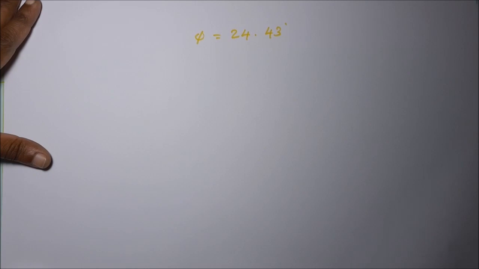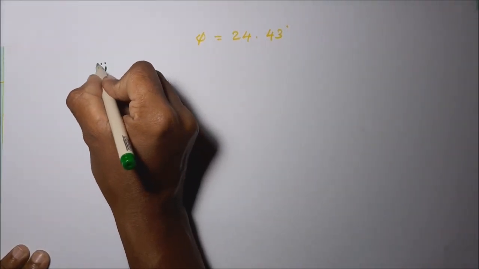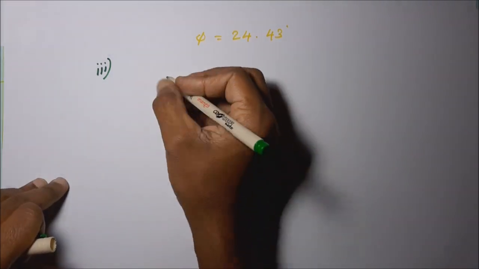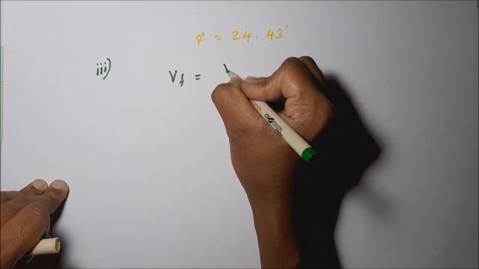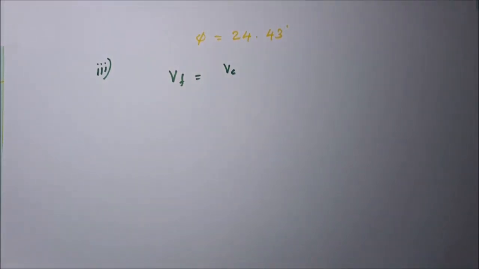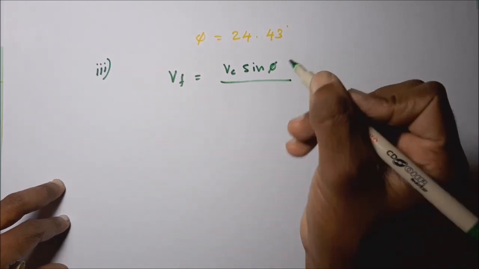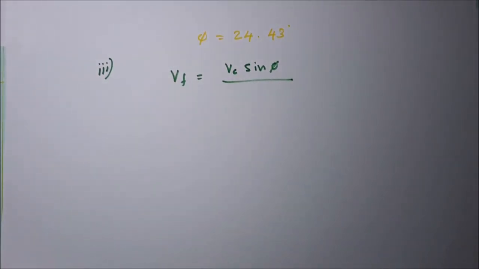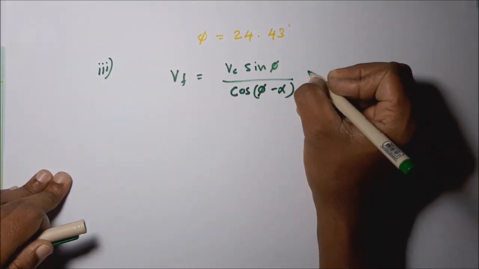Then we are going to calculate the chip flow velocity. We have an equation to derive this chip flow velocity: Vf is equal to Vc sin phi divided by cos of phi minus alpha. Okay, this is the equation.